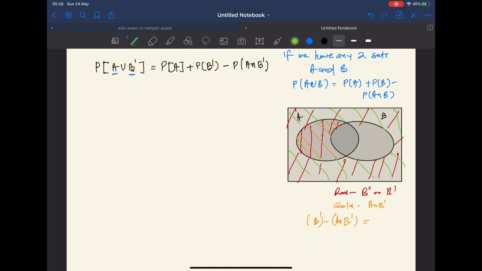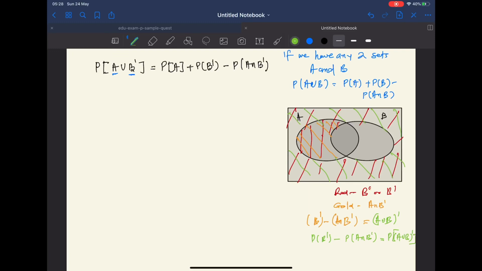So that is the green region, which is A union B complement. So you agree that if I have probability of B complement minus probability of A intersection B complement, that gives me probability of A union B complement. And that is right to say.